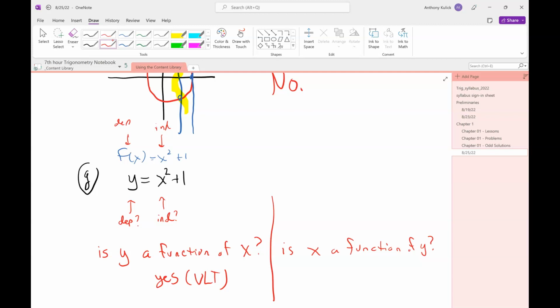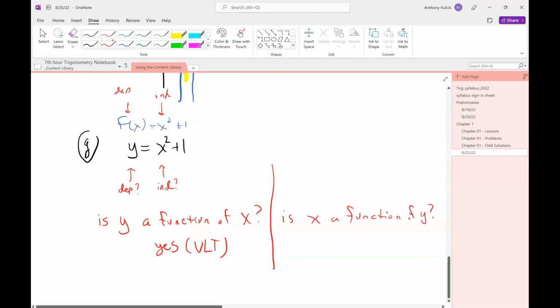So the f of x notation, this function notation, really saves us the trouble of wondering which one is the independent, which one is the dependent variable. Because if I had asked, is x a function of y, the answer here is no. Because if I say let y equal 2, x could be 1, or x could be negative 1, right?